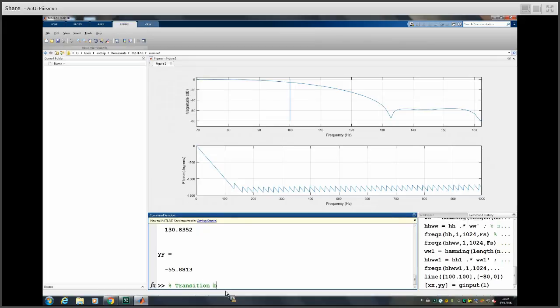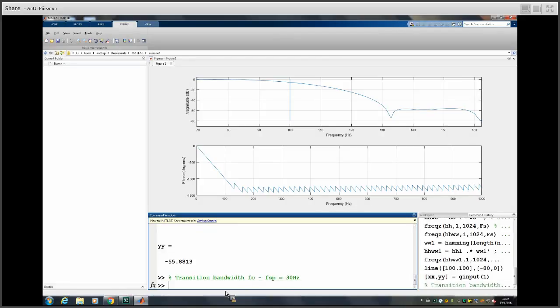Transition bandwidth 30 Hertz, FC minus FSP, basically. And if that's too much, if we could tolerate a wider transition bandwidth, let's see what happens.